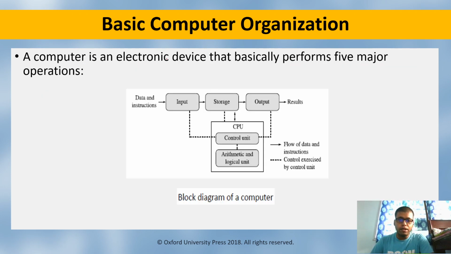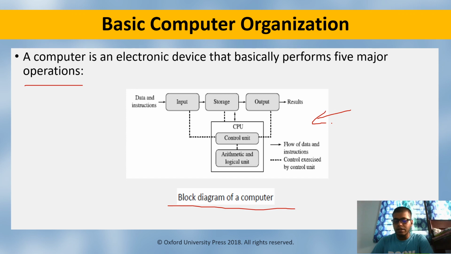Now, a computer is an electronic device that basically performs major operations. This is the block diagram of a computer. I hope some of you remember this, as I discussed it during the first or second class in this second semester, in the basic structure of the computer.